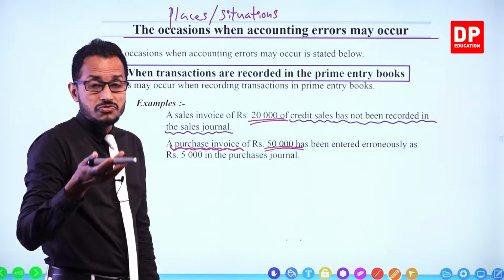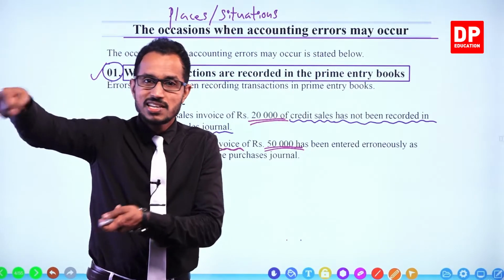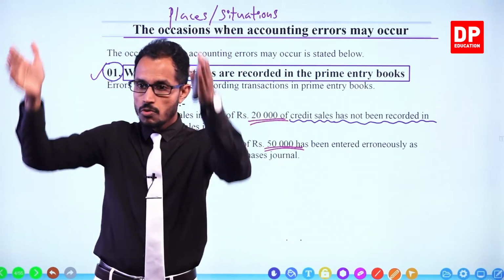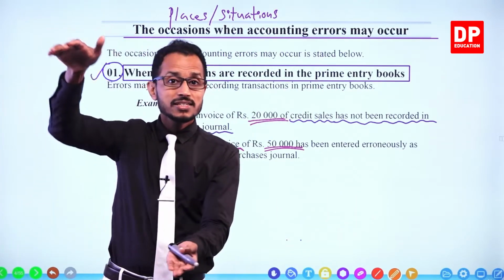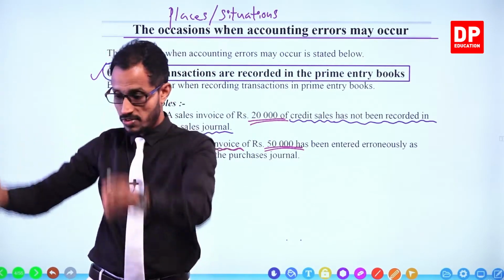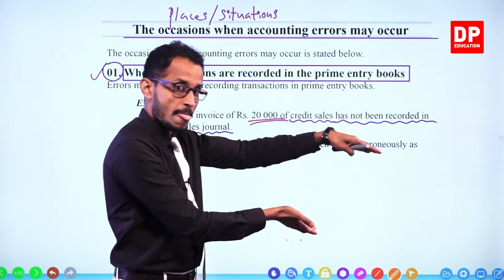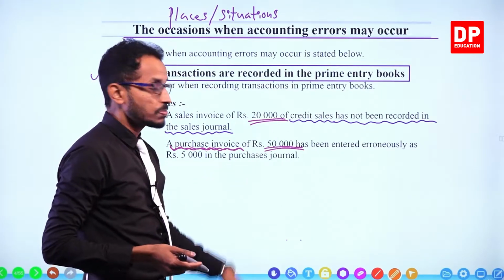Purchase invoice is issued for credit purchases. When we purchase more and more goods on credit, without paying cash, we bring goods into the business. So when purchasing goods on credit, a purchase invoice is issued. It's a 50,000 purchase invoice.